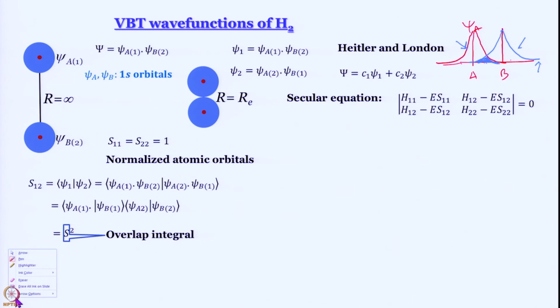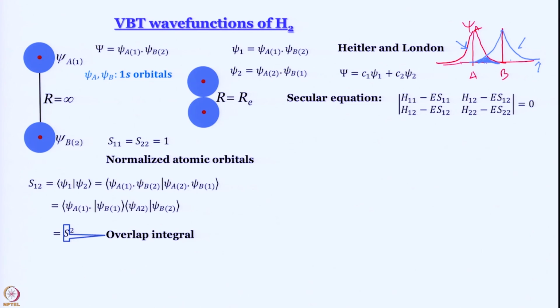Well, if you want to be very rigorous, they are non-zero everywhere because they become 0 only asymptotically. But here we are saying practically, if it is 0.000001, we take that to be 0. So, only in this region where both the orbitals have good non-zero values will this integral have non-zero value. So, this is a region of overlap, that is why the name is overlap integral.